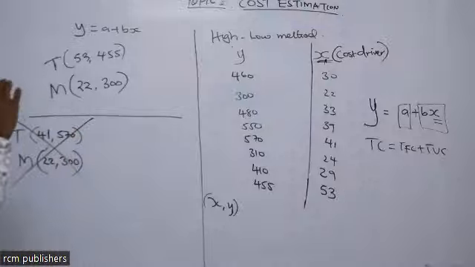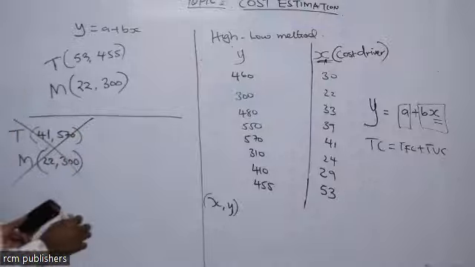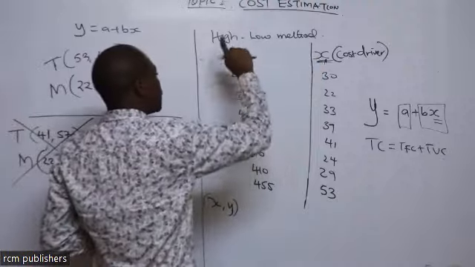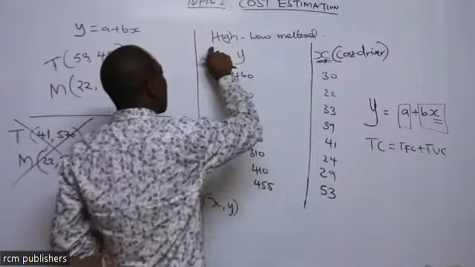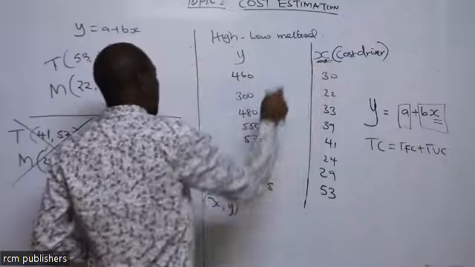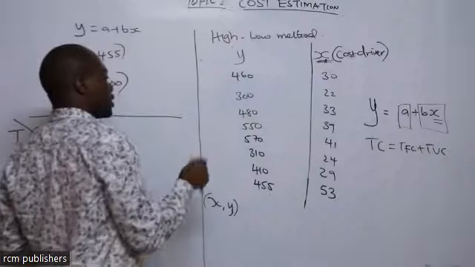So you have to identify them, first of all, to do away with the names of the titles, which we've done. From there, if you're going to apply the high-low method, then we move to this side of X and look for the highest value and the lowest value.